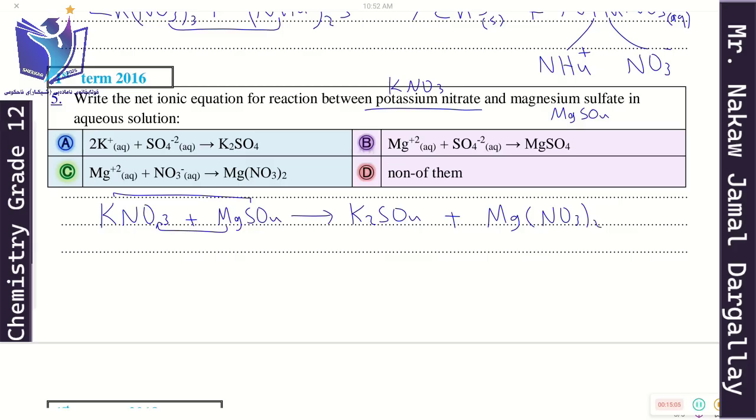Potassiums are soluble in water. Also nitrates are soluble in water. So you do not have an insoluble salt. If the insoluble salt doesn't exist in the product of the double displacement reaction, we can say that the net ionic equation does not exist. So none of them.